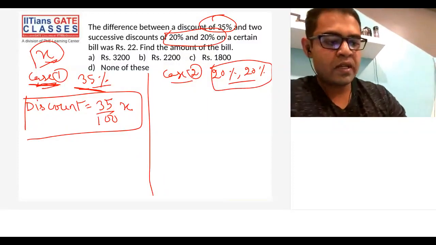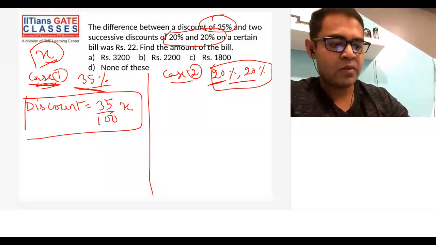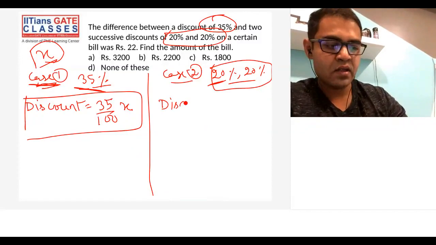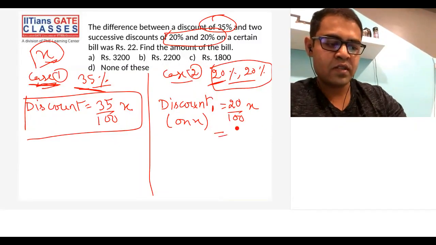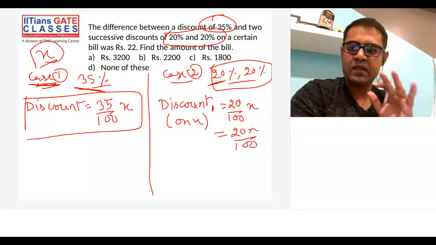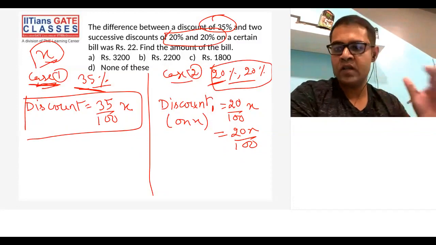So in case two, I got the first discount as 20% on X. So discount one, which is 20%, is on X. It is 20% of X, so we'll just write 20x by 100. We'll not convert it into lowest terms. You'll understand later why.